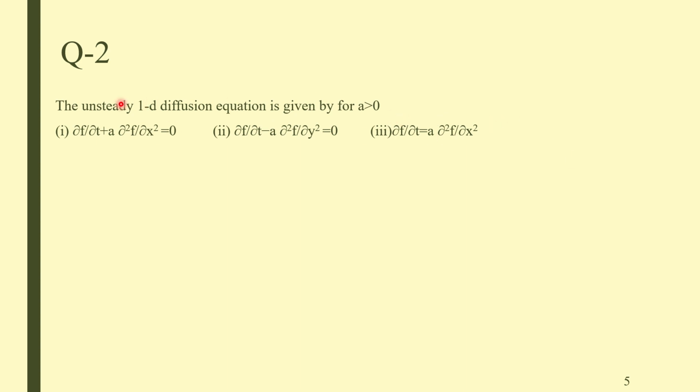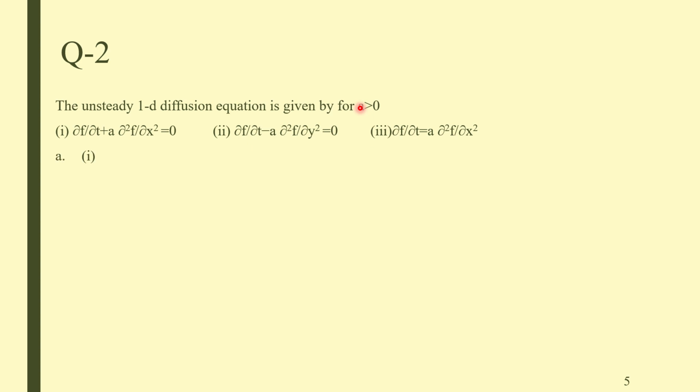That is the difference. But in general, remember always that a diffusion equation would have ∂²/∂x² or ∂²/∂y². That term is the one associated with diffusion. So here 2 and 3 are right because a is greater than 0.